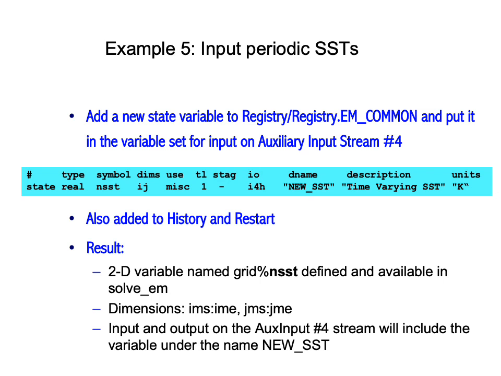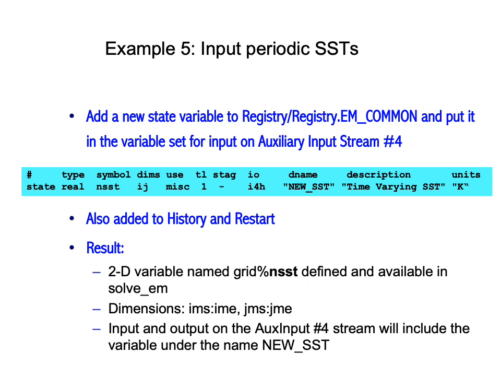Again, the description and the units are not anything that is used internally by the WRF model. So when we add this single line into the WRF model, we are going to have a brand new 2D array that's part of the grid structure. As we saw before, this variable will be defined and allocated and passed inside of the grid structure into the solve_em routine.